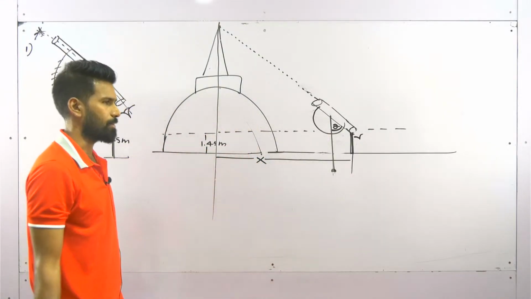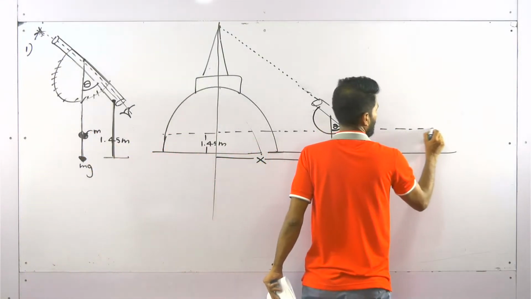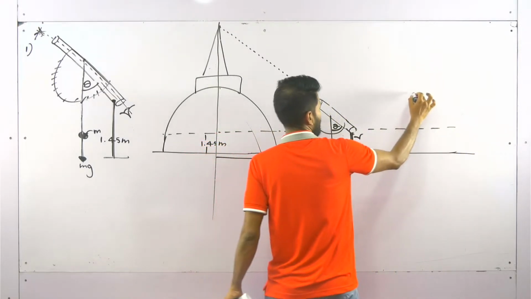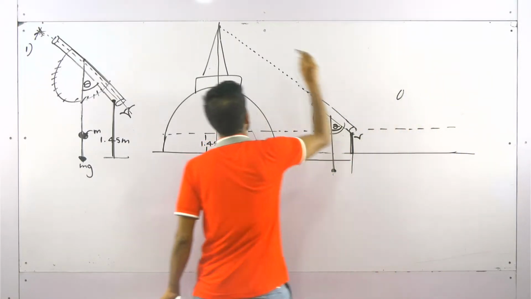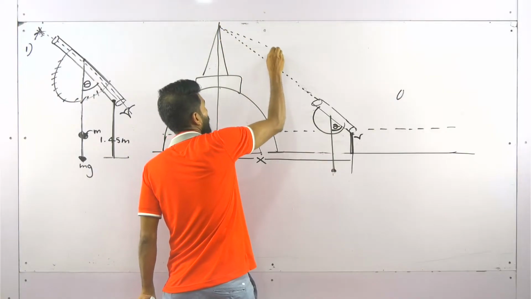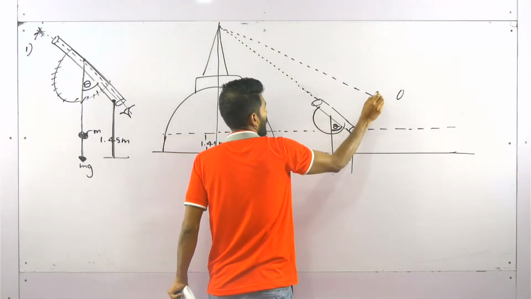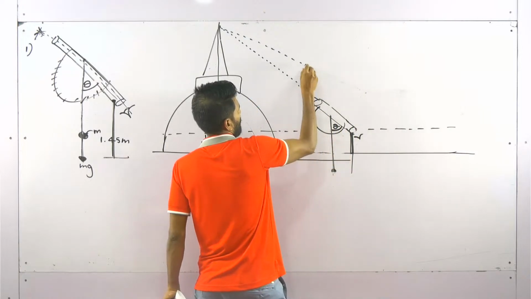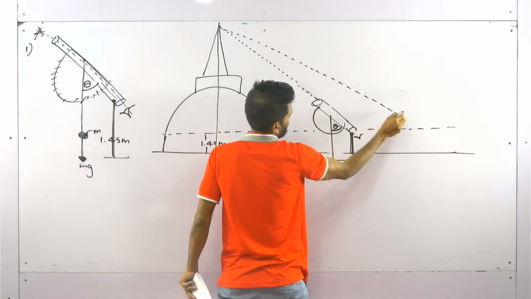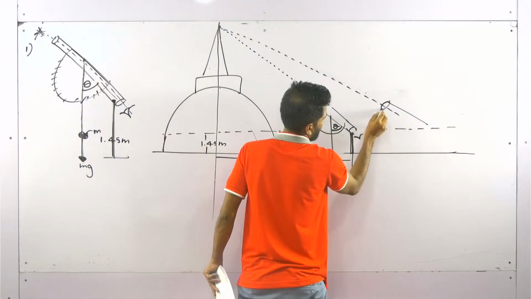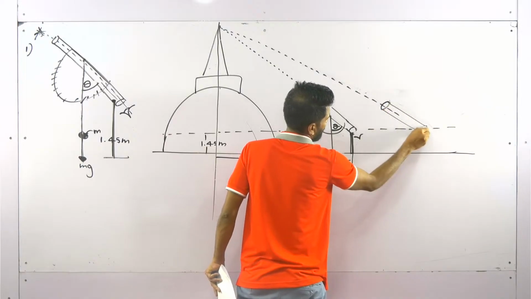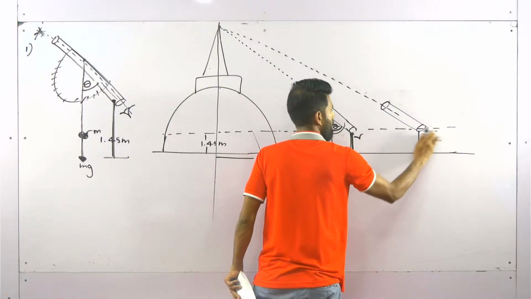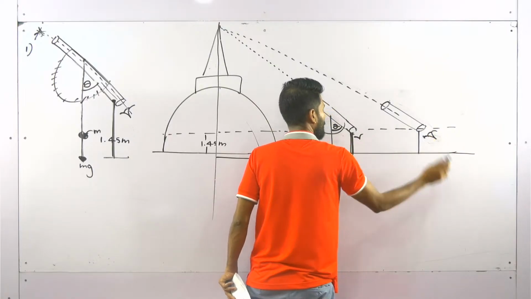Then what's the next thing? You take the instrument a little backward, and again you place it somewhere here, and again you are observing the highest point of the dagger while keeping the instrument in a position like this. Then what will happen?